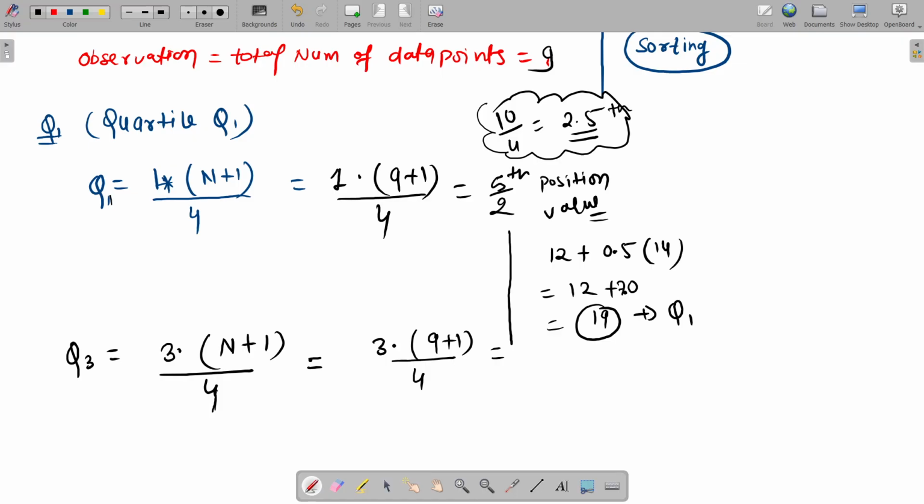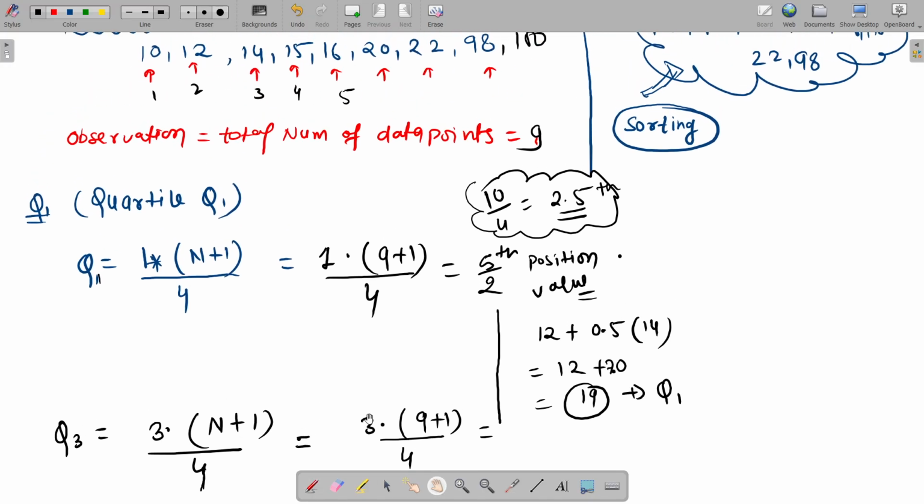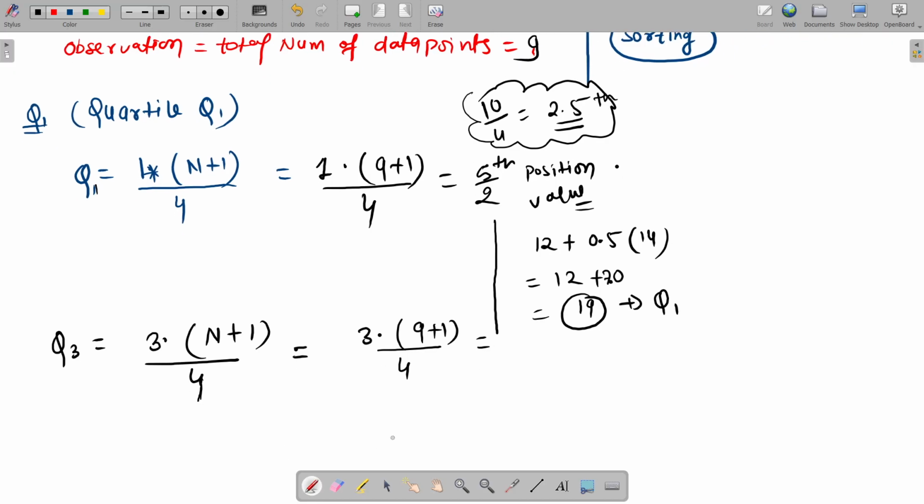So here I'm getting 2.5. 2.5 means the value will be in this range. Okay, let me check the calculation, just wait. 14 into 0.5. Okay, now correct. So by this we will calculate our Q1.